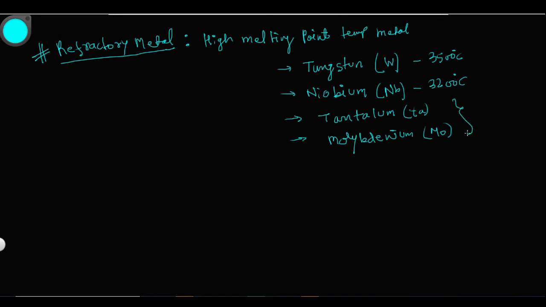These two metals have a melting point temperature of about 2000 degree centigrade. Okay, for example, now see, there is one alloy, 1841 high speed steel.